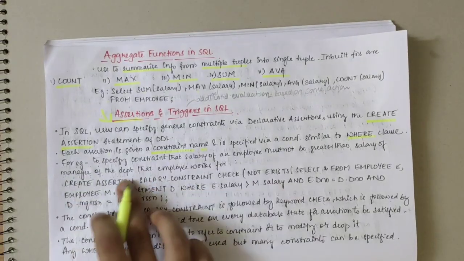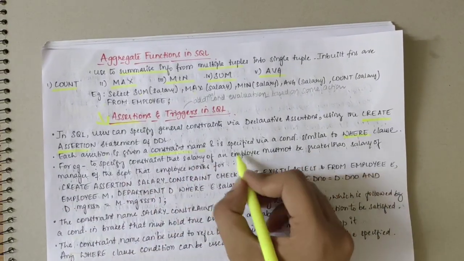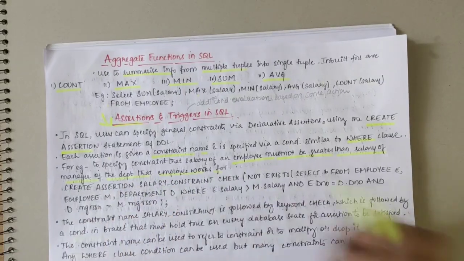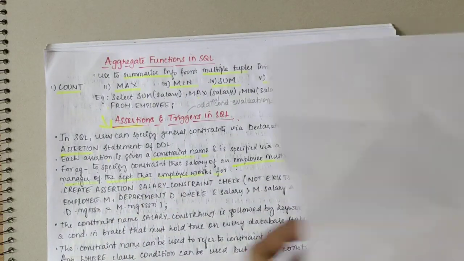For example, to specify a constraint that the salary of an employee must not be greater than the salary of the manager of the department that employee works for, we'll write this up.